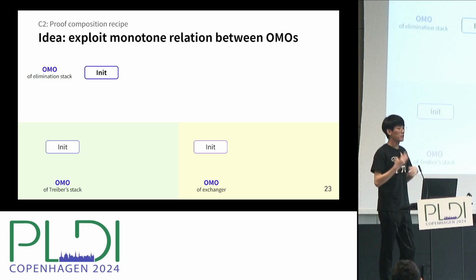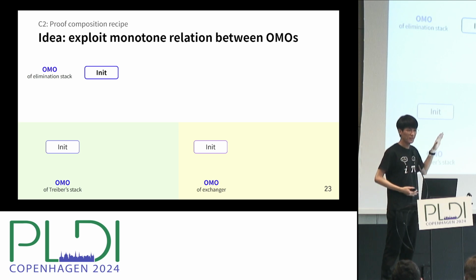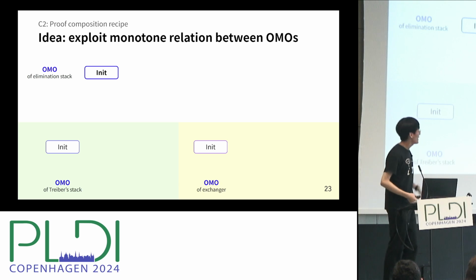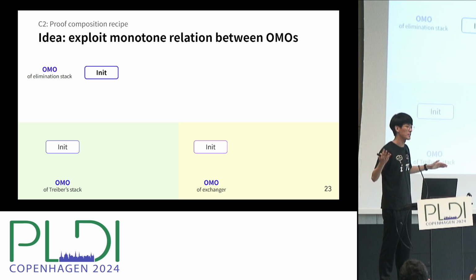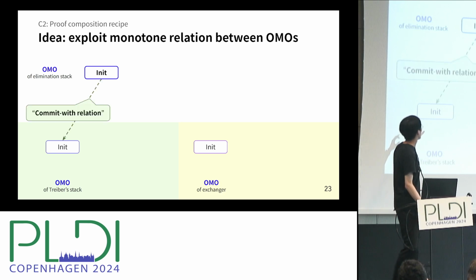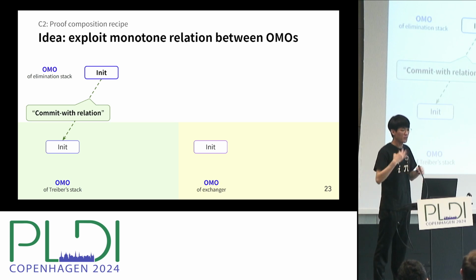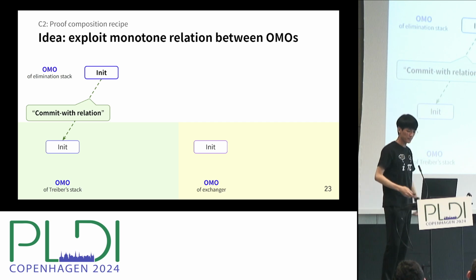To simplify the proof effort in this compositional verification, the key idea is that we exploit the structural similarity between the upper-level OMO and the lower-level OMO. Let's see the structural similarity by going through a concrete example. To see it, we are going to connect every upper-level event to the corresponding lower-level event using our new relation called the committed relation.